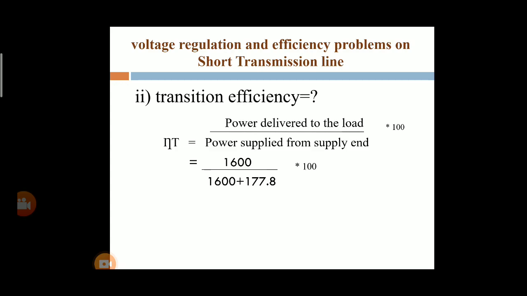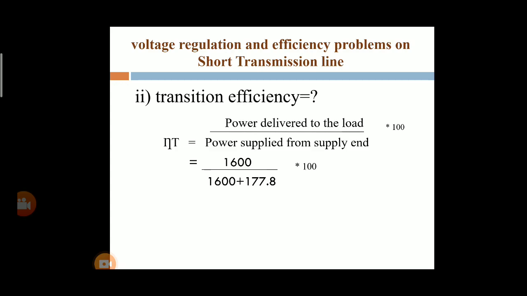The formula for the transmission efficiency is the power delivered to the load divided by the power delivered to the load plus line losses, that is 1600 by 1600 plus line losses.